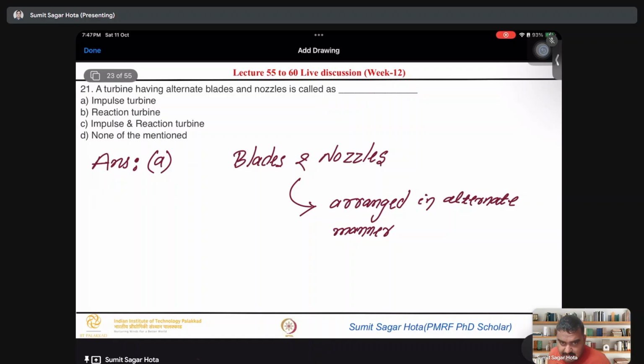What is the advantage if I arrange the blades and nozzles in an alternate manner?